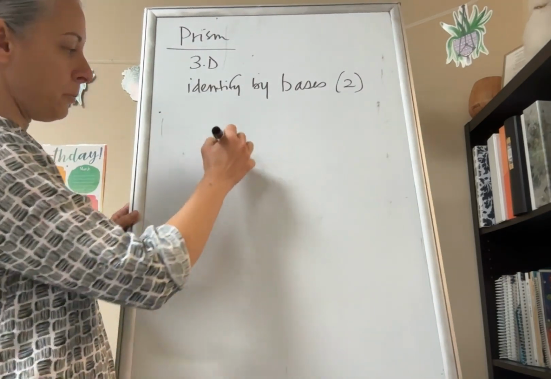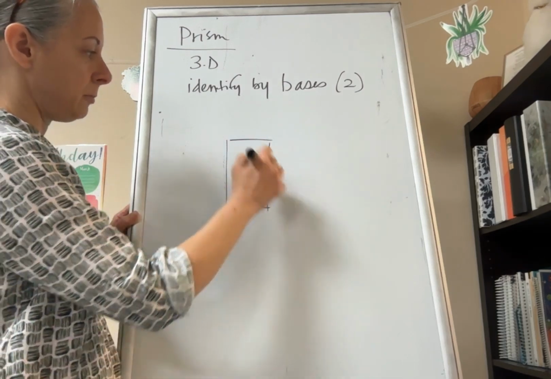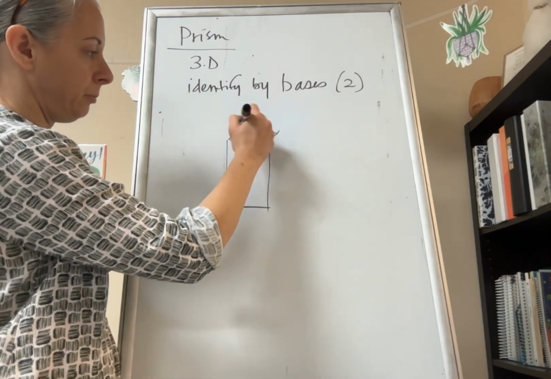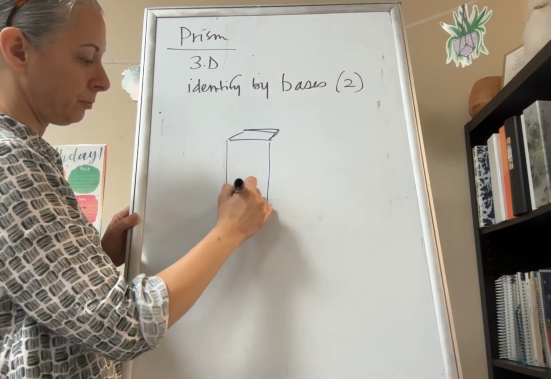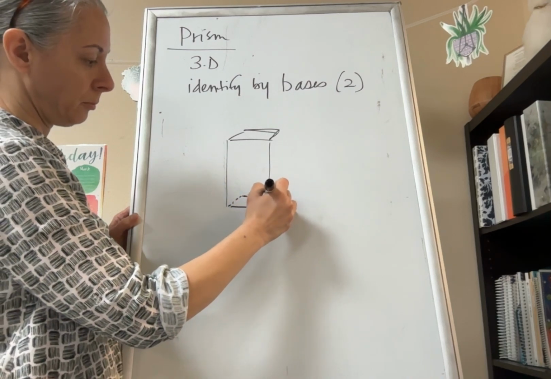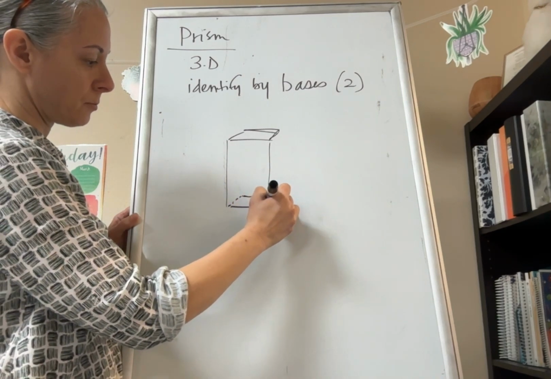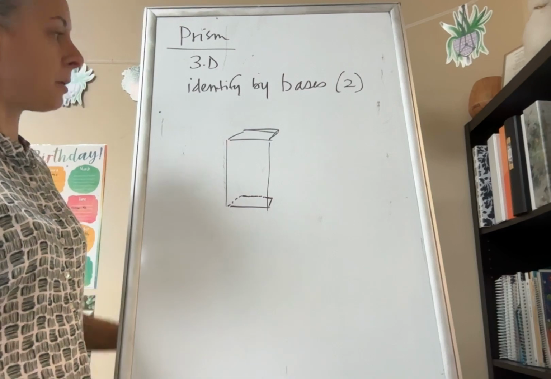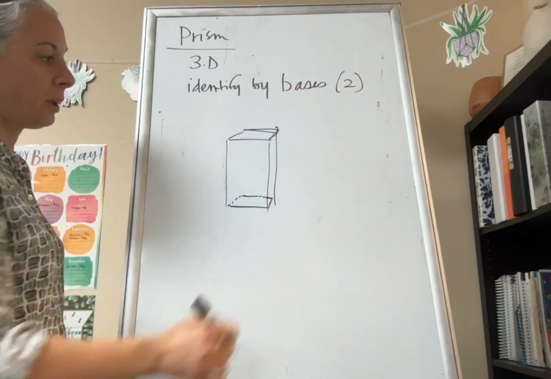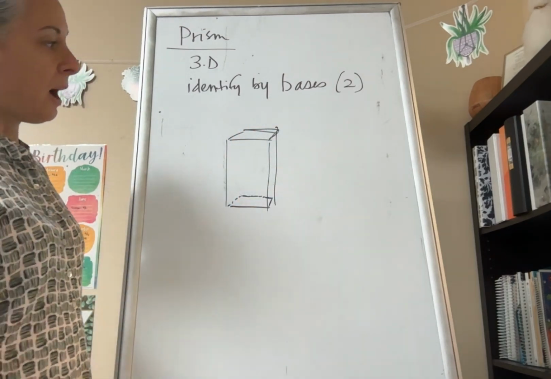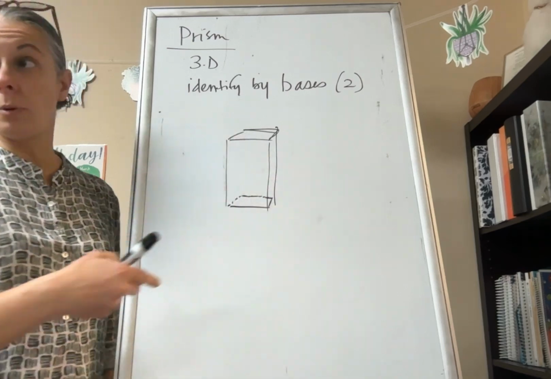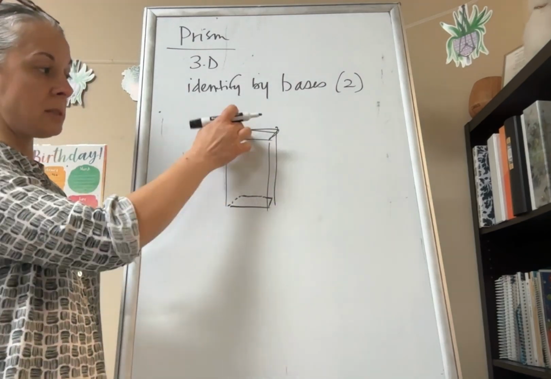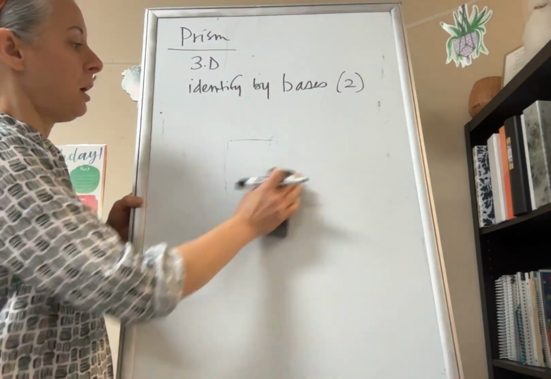If my prism looked like this, oh, yeah, see, I'm not a very good artist. If my prism looked like that, I would say it was a rectangular prism because my two bases are rectangles.